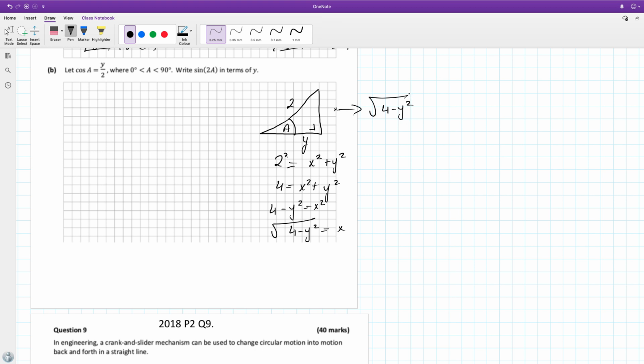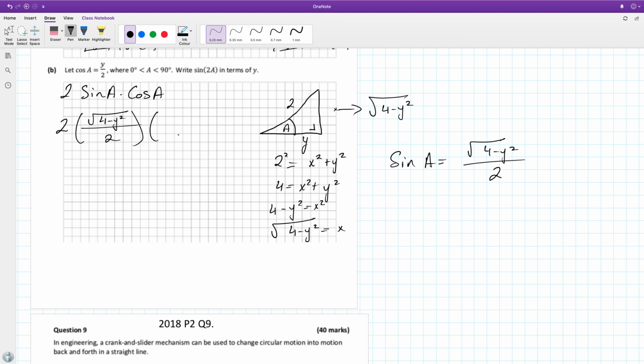What's our formula for sine 2A? It is 2 sine A cos A. We know what our cos of A is: y over 2. We have to get our sine of A, and our sine of A is equal to silly old Harry, so opposite, which is the root of 4 minus y squared, over hypotenuse, which is 2. So that's 2 times the square root of 4 minus y squared over 2, by the cos of A, which is y over 2.